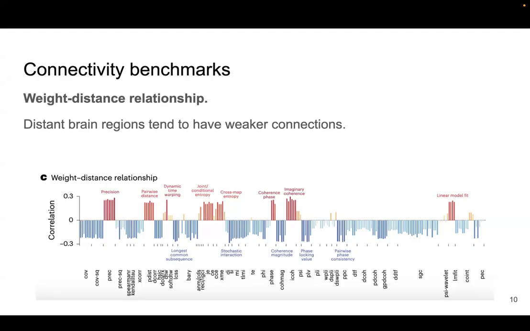I guess the idea is that closer regions are connected, and they are also more strongly connected than distant regions. So on average, you will see this intercorrelation between the strength of connection and the distance. But correlation is just correlation, it has no meaning.